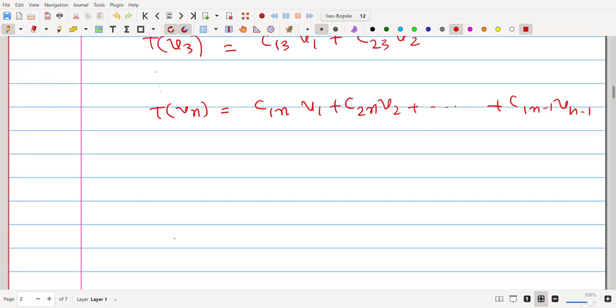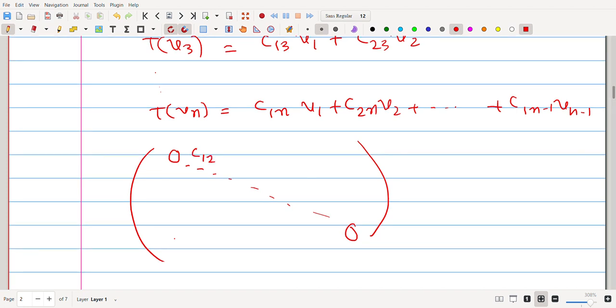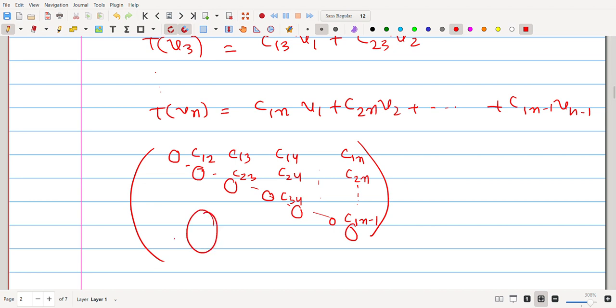If you write down the matrix representation, what will you get? You will get 0, C12, C13, C23, C14, C24, C34 and so on, C1n, C2n and so on, with diagonal entries 0 and lower diagonal entries also 0.